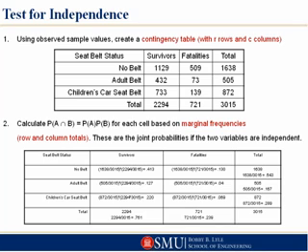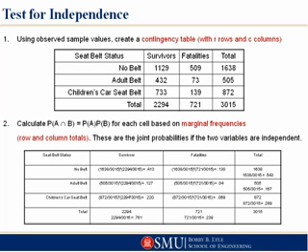And you could do this for each cell. Look again at children's car seat belt and fatality. This is a cross-check on that. So how do I get the probability of a children's car seat belt? That's 872 divided by 3015. How do I get the probability of fatality? That was 721 over 3015.